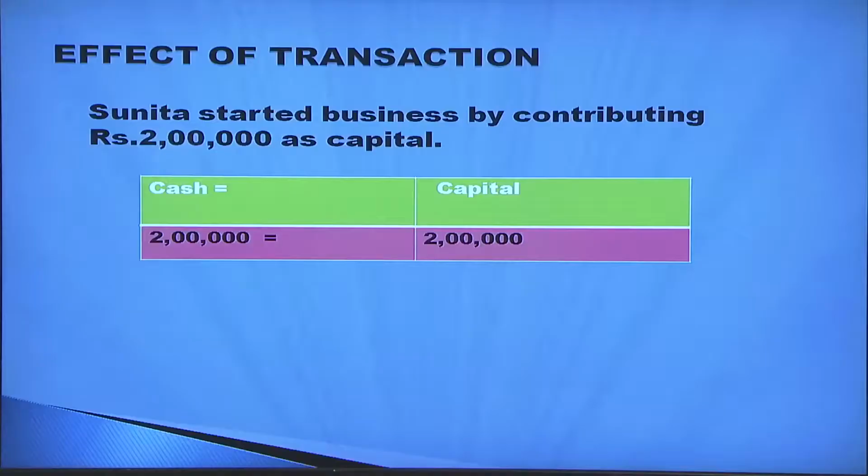So in the accounting equation, assets equals liabilities plus capital. Under the asset side you can include cash. And in the capital also there is the same amount of increase. So assets equals liabilities plus capital, that is cash equals capital.